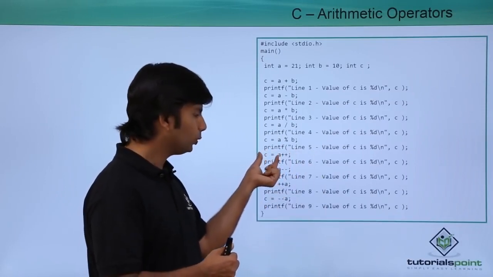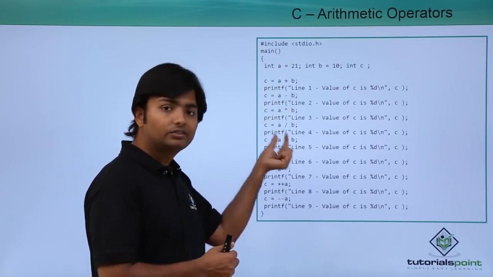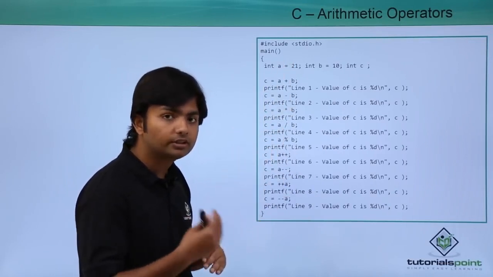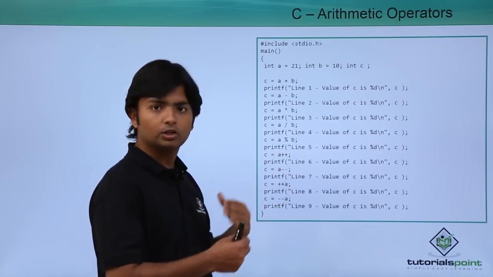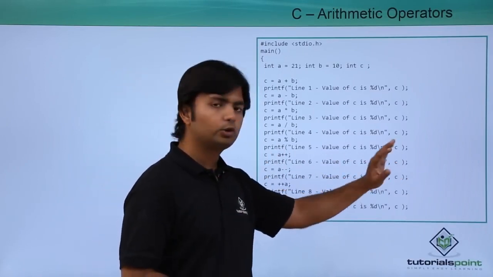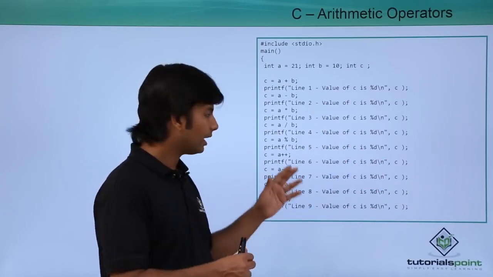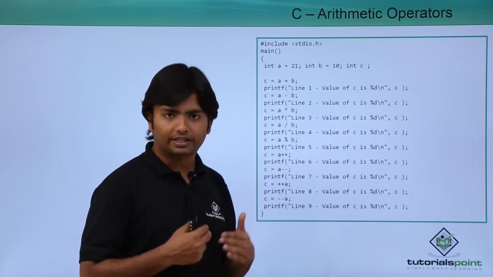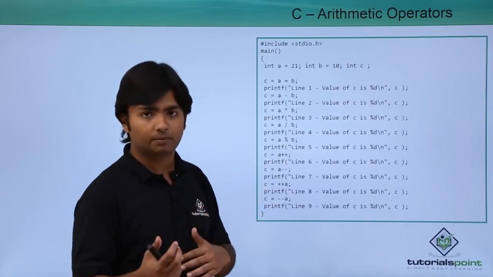So if a is 21, here c will get 21, and after that the increment will be applied on a. So a will become 22 later. When you print the value, you will find 21. Then I did the post-decrement, meaning the assignment will take place before the decrement.